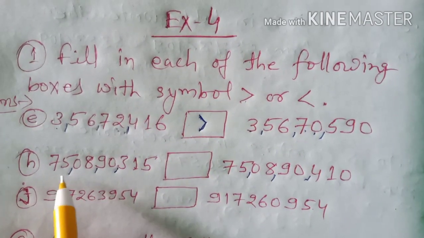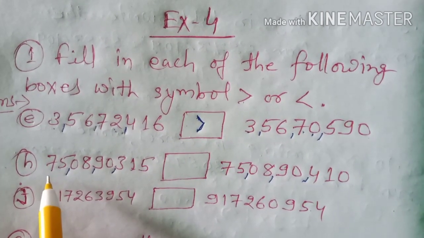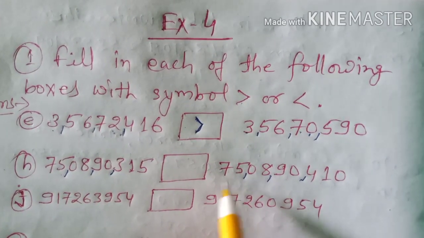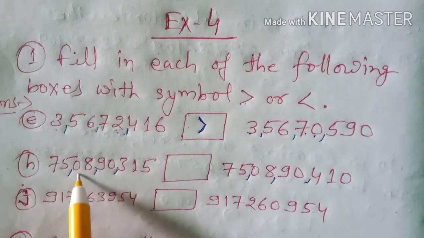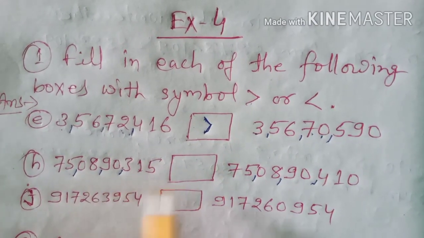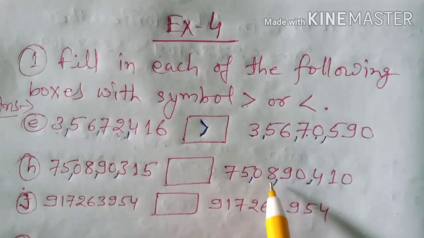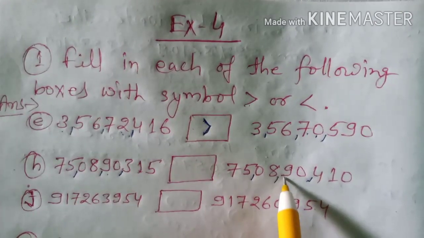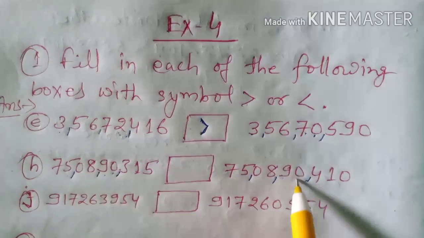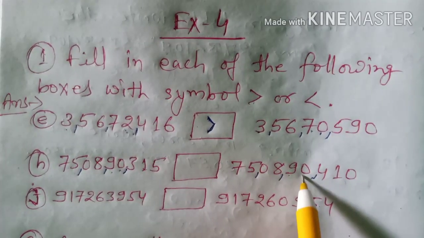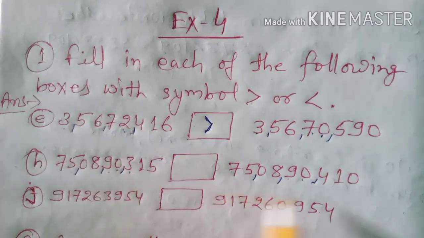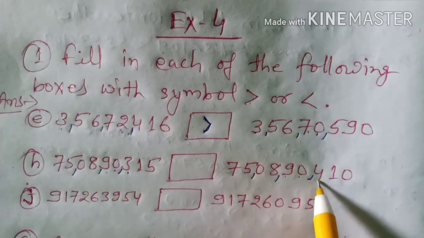First we look at the crore place. In both numbers 75 is given. In the lakh place, 8 lakh is given in both numbers. In the 10,000 place, 9 is given in both numbers. In the 1000 place, both numbers have 0. In the 100 place, this number has 3 and this number has 4.